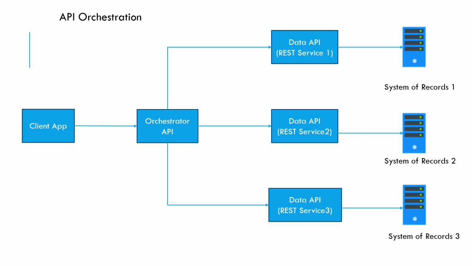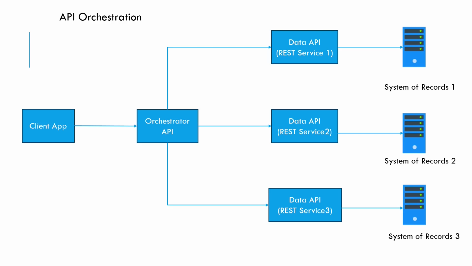Now the orchestrator API will do some validations, and after doing the validation, it will, in general terms, concatenate all the JSON strings and send them back to the client API or client app, right?